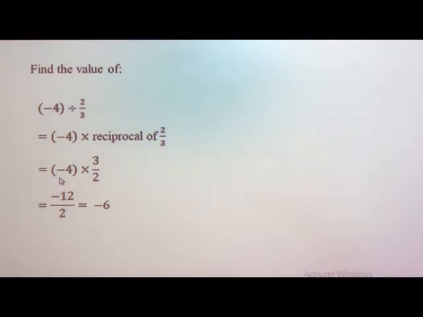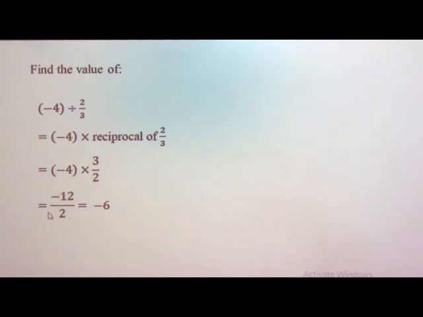The next step: minus 4 multiplied by 3 upon 2. Now, we multiply numerator to numerator and denominator to denominator. So 4 times 3 is 12, but it is a minus, so we write minus 12, and in the denominator we have 2.